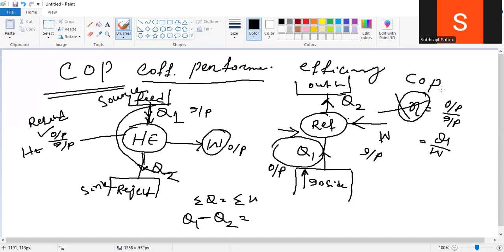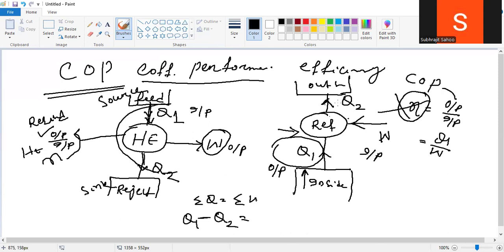COP means output by input, and efficiency also means output by input. Don't confuse them. Both meanings are the same, but the term we use is different. There is a reason, and I will tell that later. If I explain that now, the video will go too long. So here it is output by input, Q1.